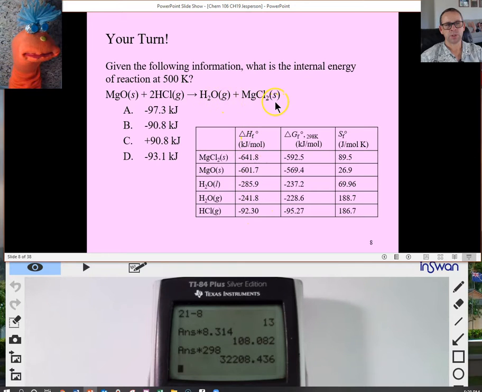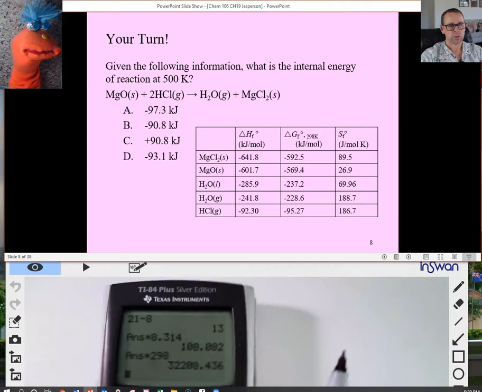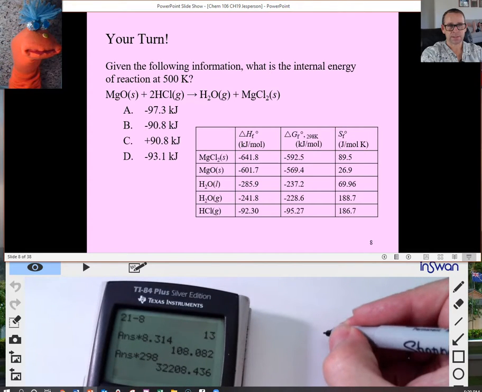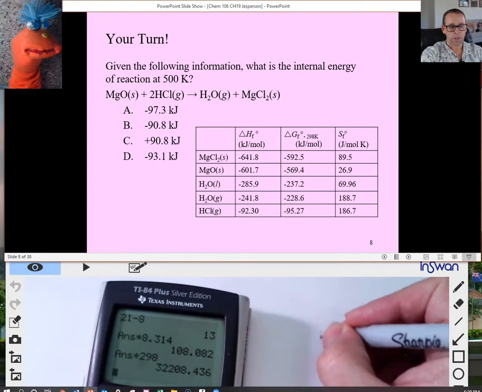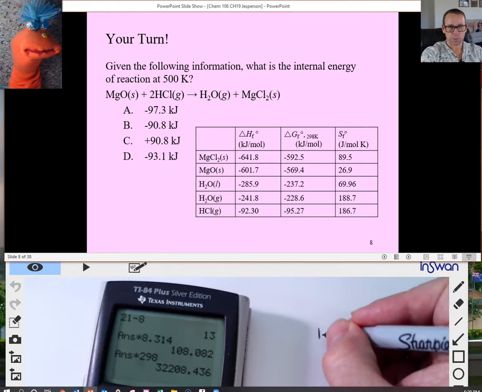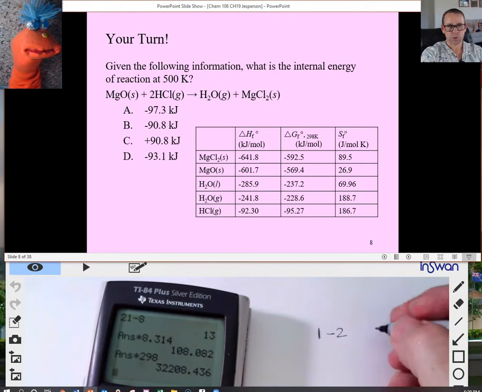And the moles of material here? Let's see. Well, here you got 1 mole of gas in the products and 2 moles in the reactants. Can you still do it that way? You can. And actually, what that means is the reaction gains work, has work done on it by the atmosphere. And so your change in moles of gas is 1, that's moles in the product, minus 2, that's moles in your reactants.